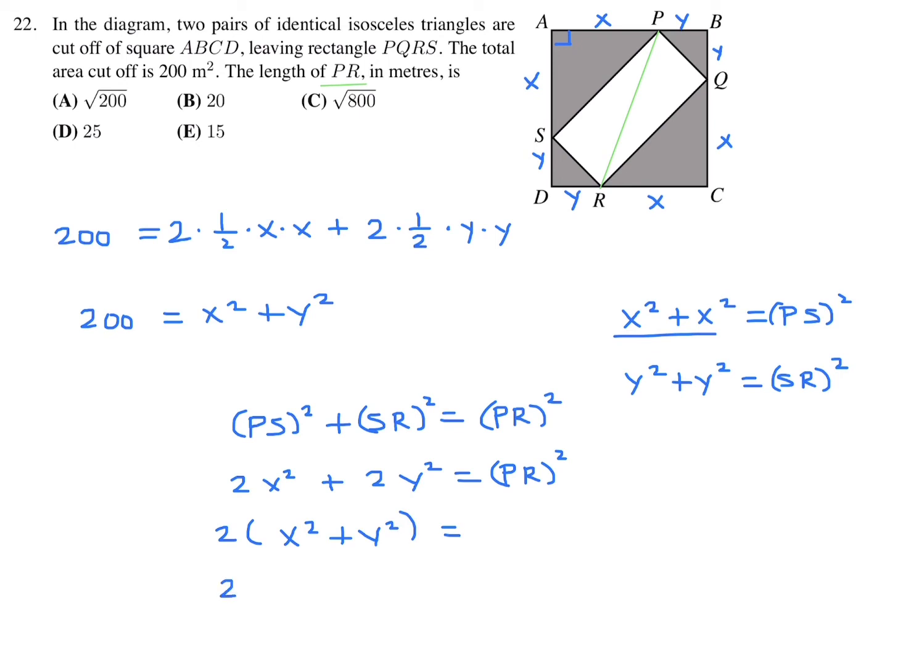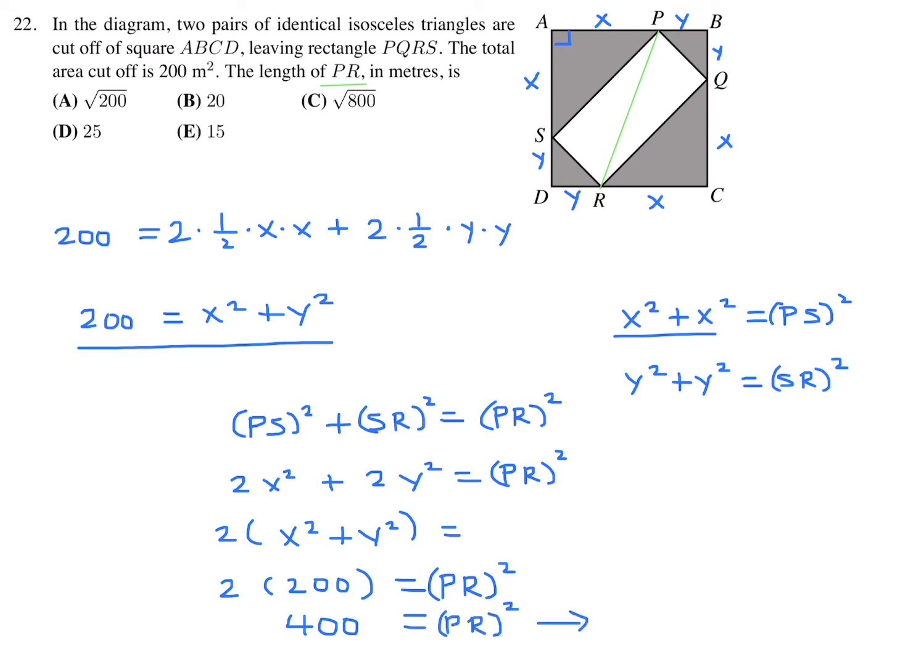Now x squared plus y squared we figured out was 200. So substitute that in there. PR all squared. And then that is going to be 400 is equal to PR all squared. And therefore, if you take the square root of both sides, PR is equal to 20. So number 22, the answer is B.